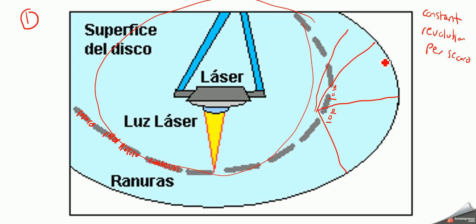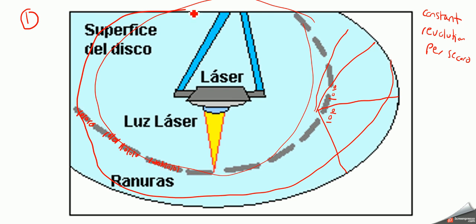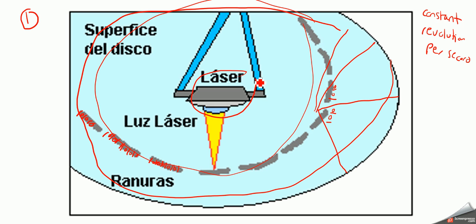And what happens is this. The outer parts of the CD spin faster than the inner parts. So based on this, inner parts spin slower than outer parts.